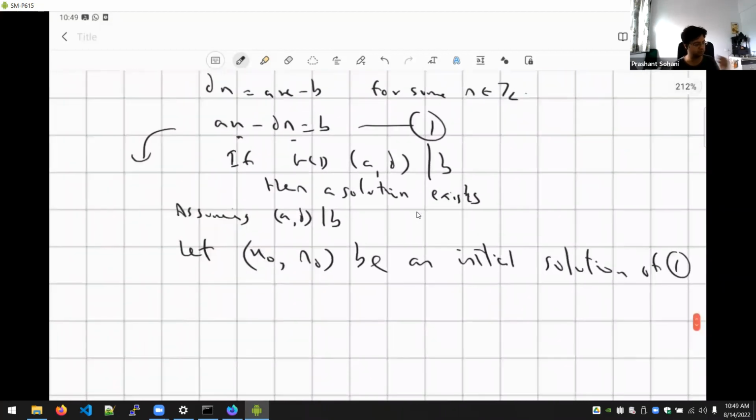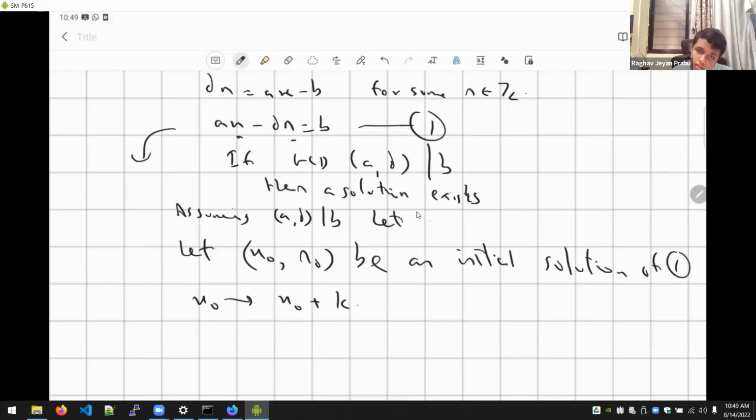Yes, Raghav, it will be in the form of x naught plus dk for some integer k. So x naught can be replaced by, it can be added with any multiple of, not d actually, the GCD of a comma d, that is what matters, right? So let us call that GCD as g.